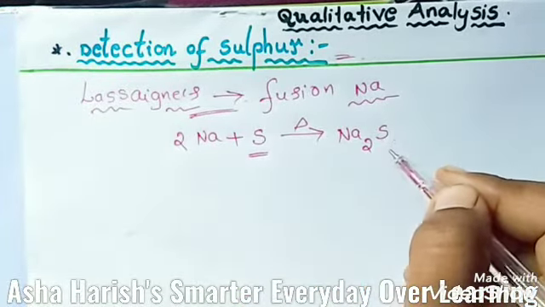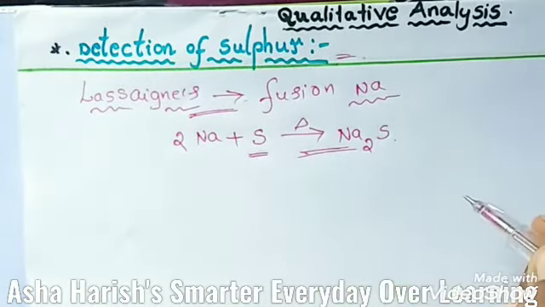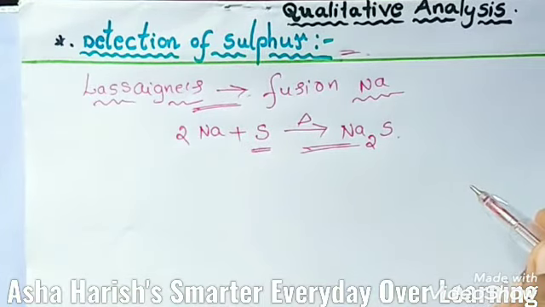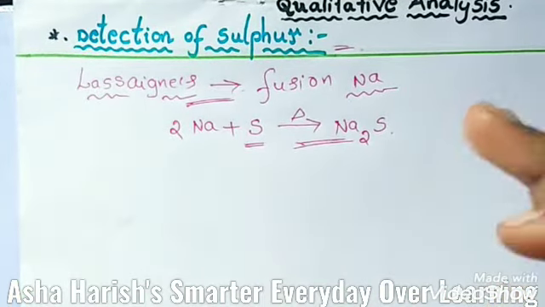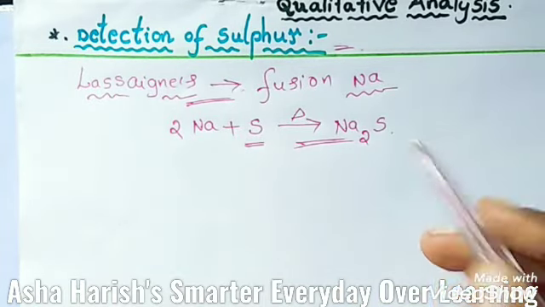This is sodium sulfide. So by using Lassaigne extraction, let's see now how we can prepare Lassaigne extract by using this sodium metal.